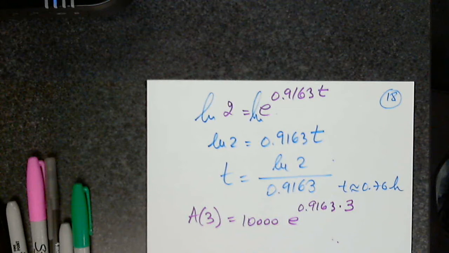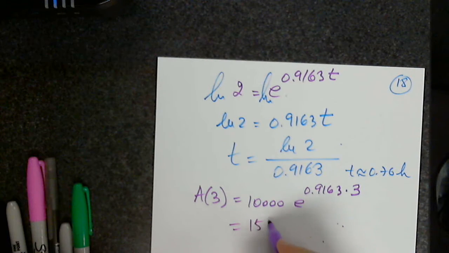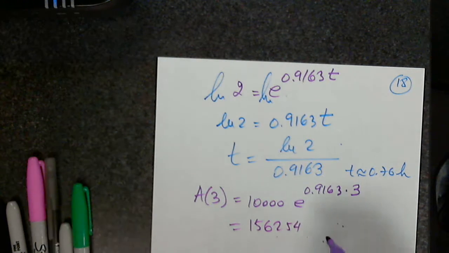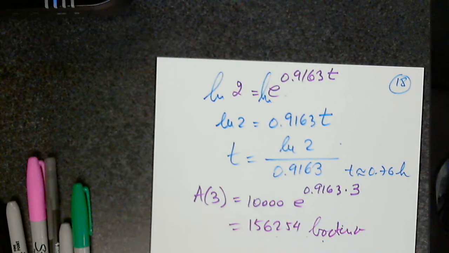So 10,000 multiplied by e, in parentheses, 0.9163 multiplied by 3, close the parenthesis, and I got 156,254 bacteria. The fastest growth of all functions we looked at.